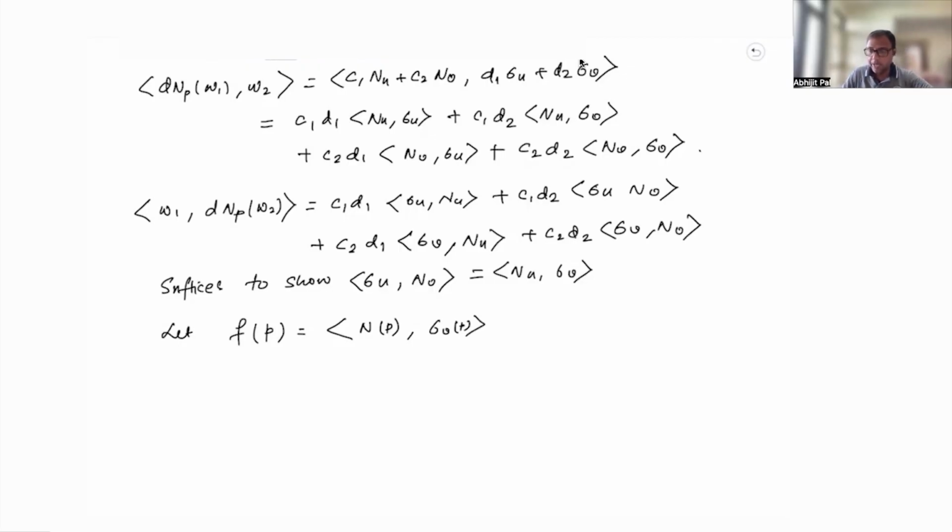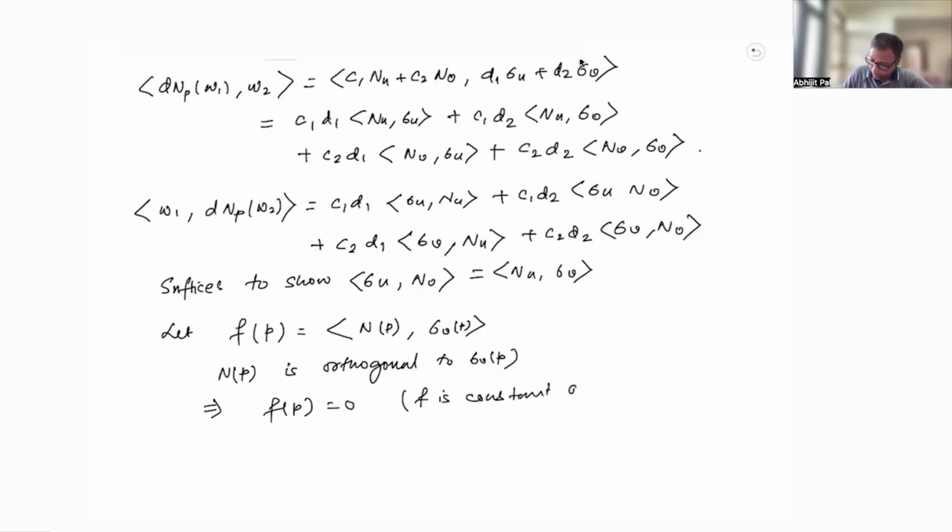N(p) is orthogonal to the tangent vector, so in particular it is orthogonal to sigma B(p). This will imply that f(p) is equal to 0. So f is a constant function on S.